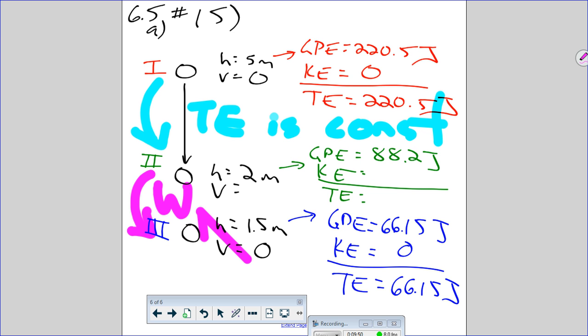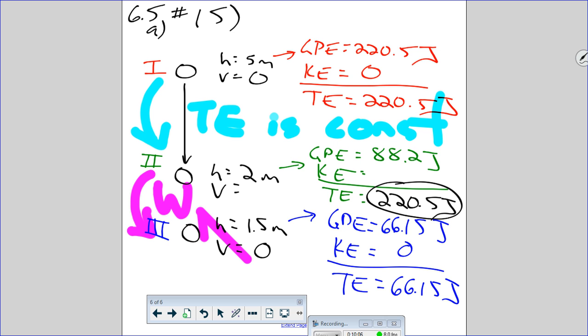I can fill in some more information over there. What does the total energy here have to be? Same as it was up here.